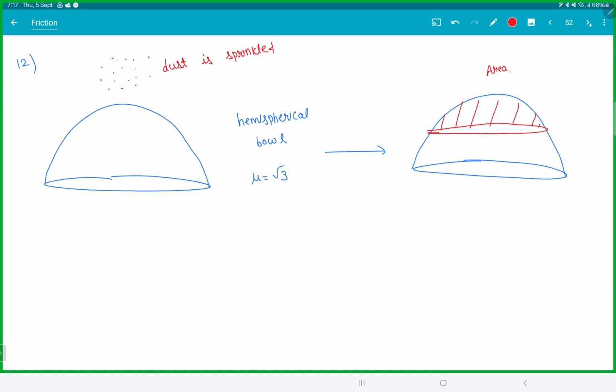This is the area covered in dust. The entire sphere was not covered, only a part of it was. Find the area covered in dust, that shaded area. Radius is r.